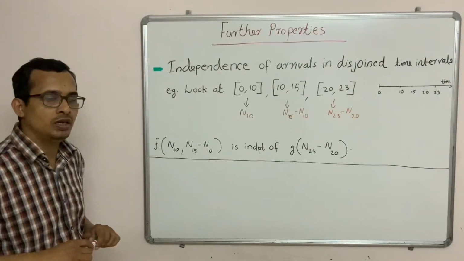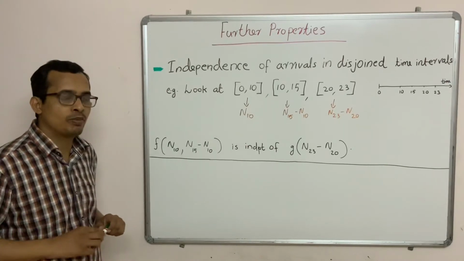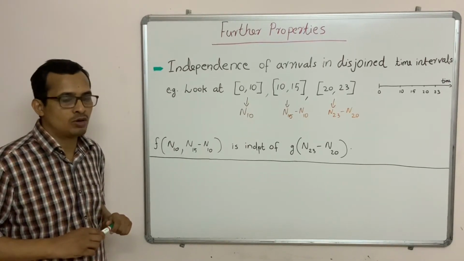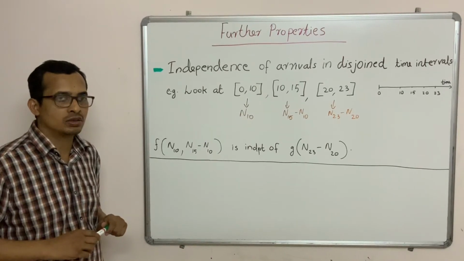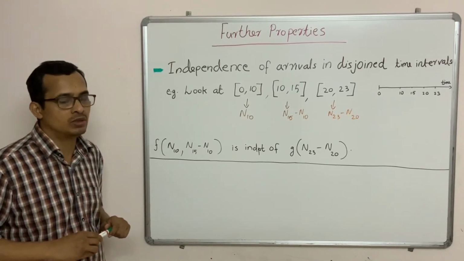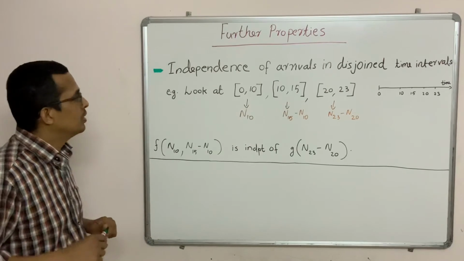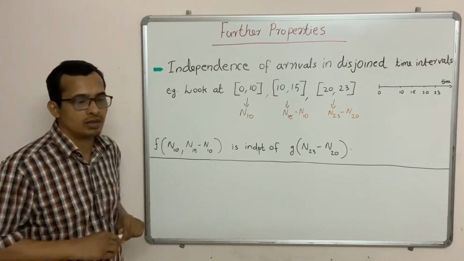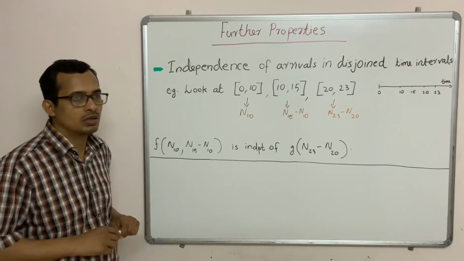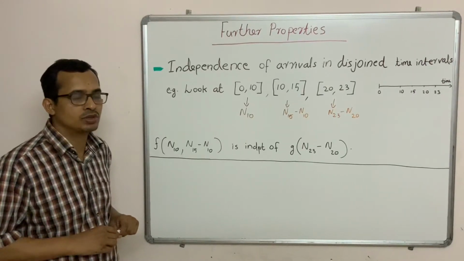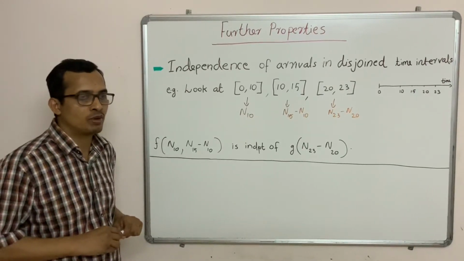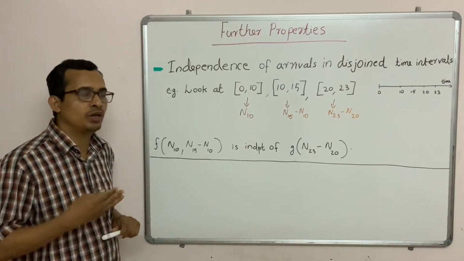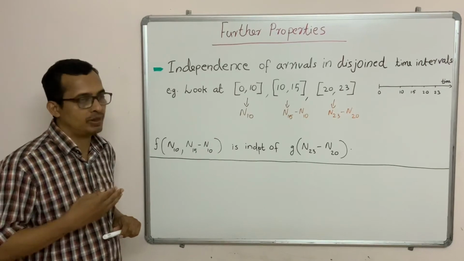We next see some further properties of the Poisson process. These are consequences of the three defining properties of the Poisson process. The first among these is the independence property. If you recall, the second condition of the Poisson process is the independence property, which states that the arrivals in disjoint intervals are independent.